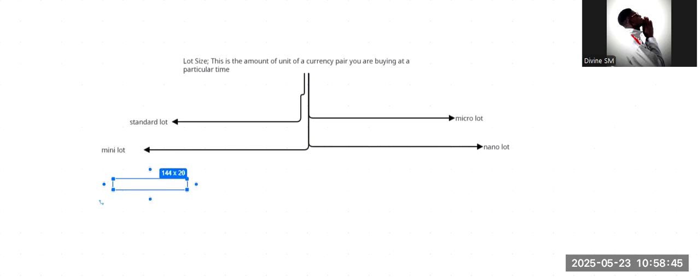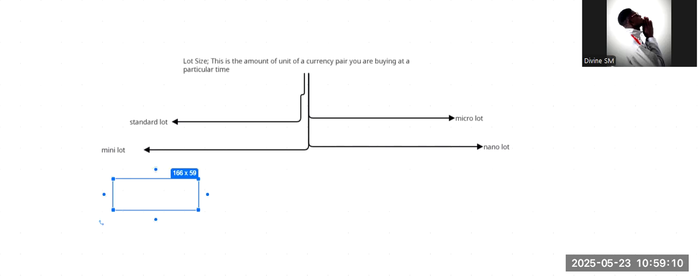A micro lot is basically 10,000 units of a currency. A mini lot is 1,000 units of a currency.